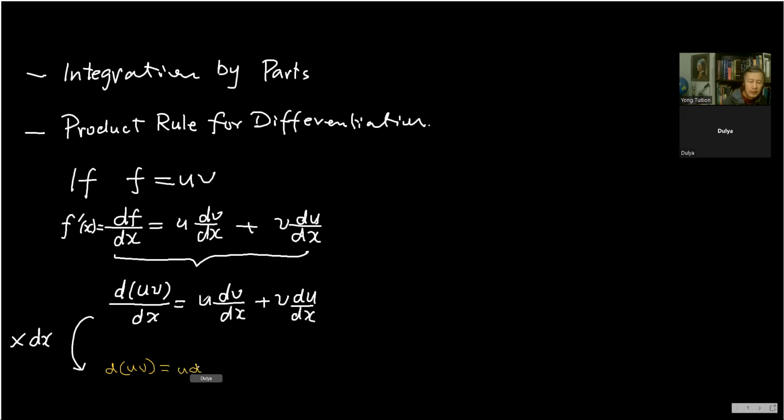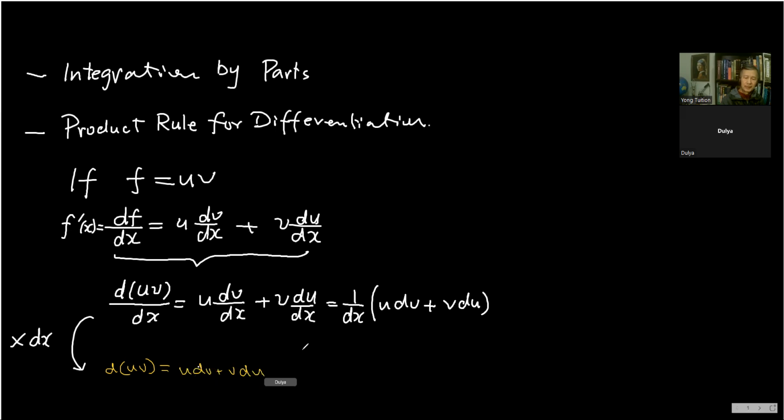If this is cancelled, do you agree? So does this one. Or before that, can we factorize dx? That's probably make it easier for you. You see, that's u dv plus v du. So can you write the result now? If not apparent, can we just factorize this dx? That's right.